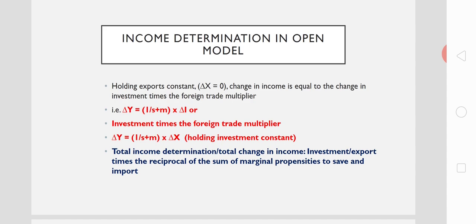Exports are constant here, so the income determination is equal to the change in investment times the foreign trade multiplier. So there is no role for the export. Exports remain constant, and the income determination is done by investment.